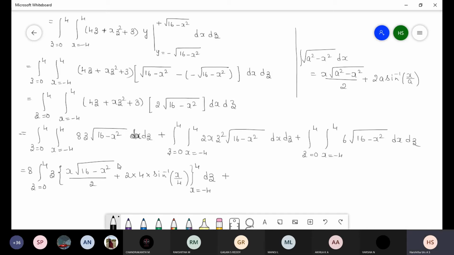This term, here we have to do the substitution part. So here also I write z is equal to 0 to 4. 2 outside I will write. Z square I will write here.